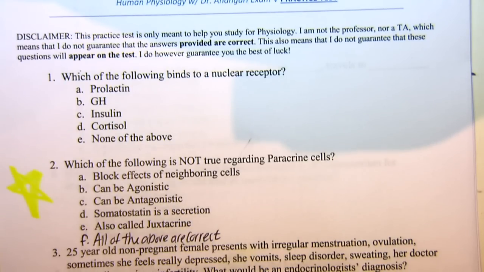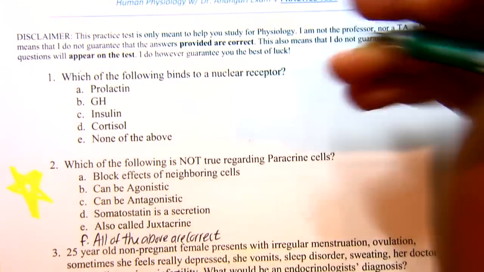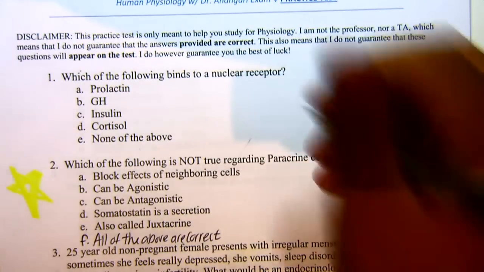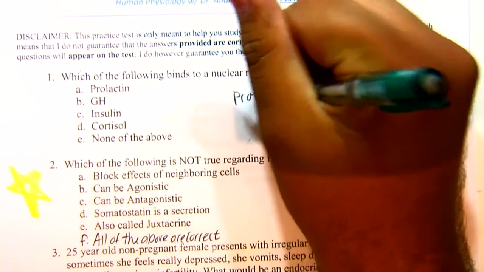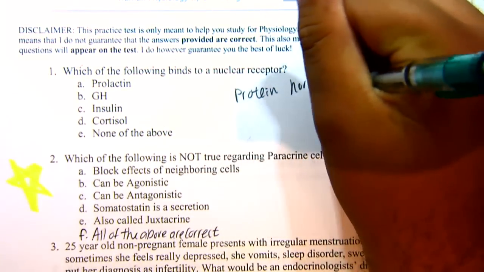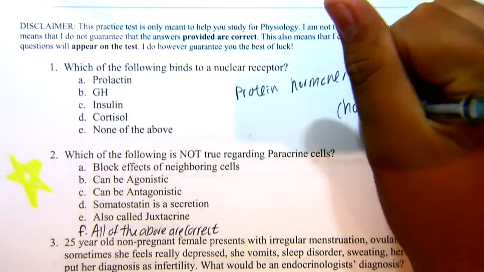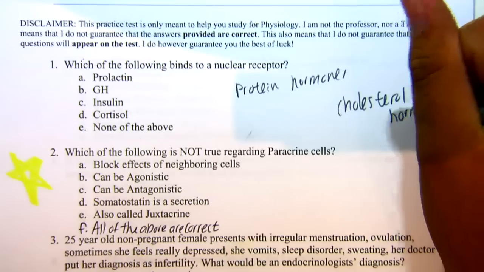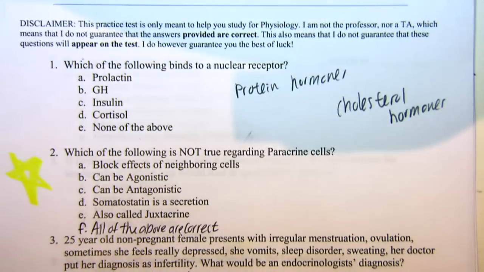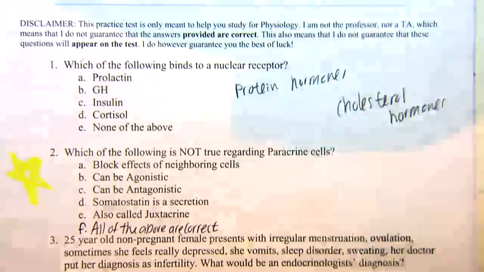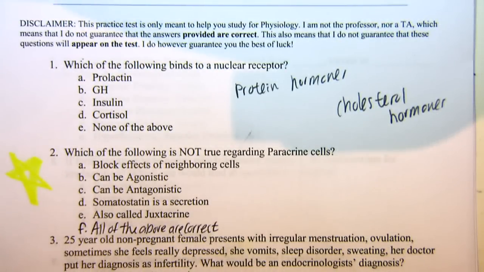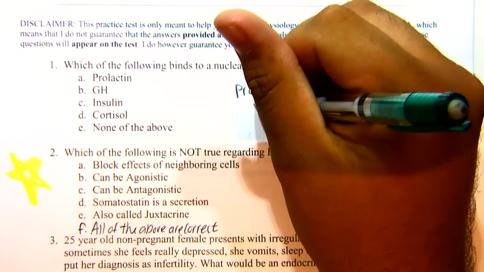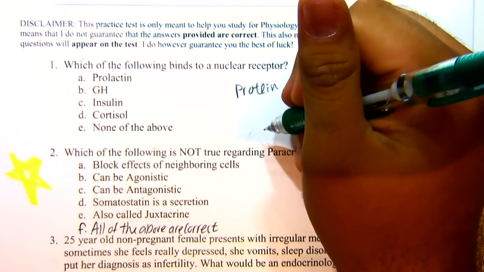So when we're talking about that, it's important we talk about the types of receptors of hormones. So we know we have protein hormones, right? And then we could also have cholesterol hormones. I'm the worst at spelling, so don't laugh. So with protein hormones, we know that the cell membrane has proteins on it that we can bind to it. So for protein hormones, can these pass the cell membrane?